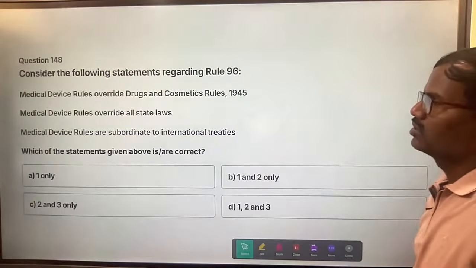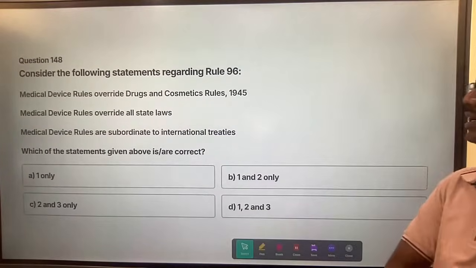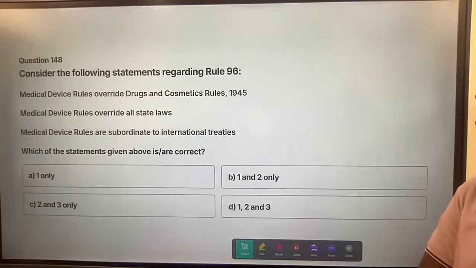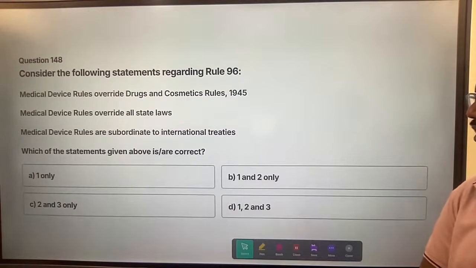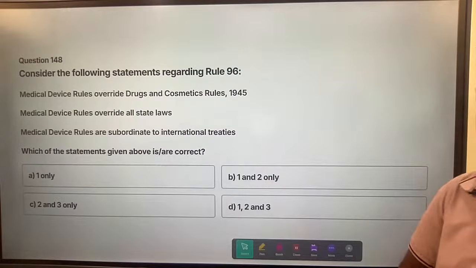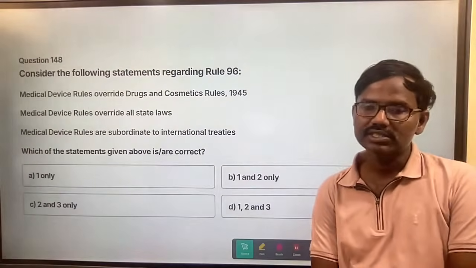Consider the following statements regarding rule number 96. Medical device rules override the Drug and Cosmetics Act 1945, and medical device rules override all state laws. Medical device rules are subordinate to international treaties. Which one is correct? Rule 96, overriding effect.